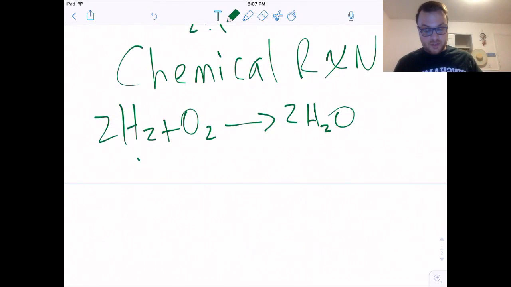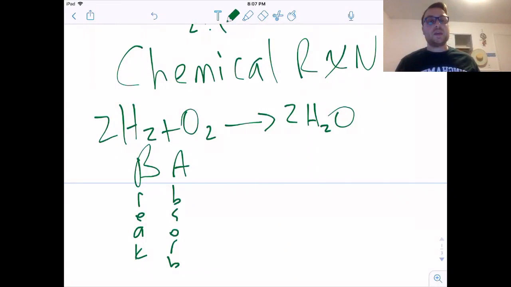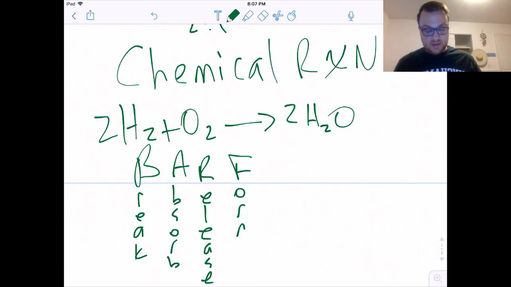BARF stands for breaking absorbs, and when we say absorbs, we mean absorbs energy. So breaking a bond absorbs energy. When energy is released, you are forming a bond.